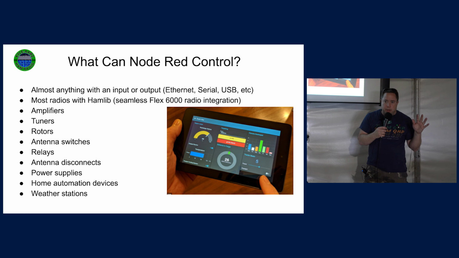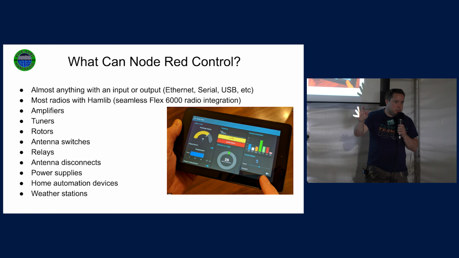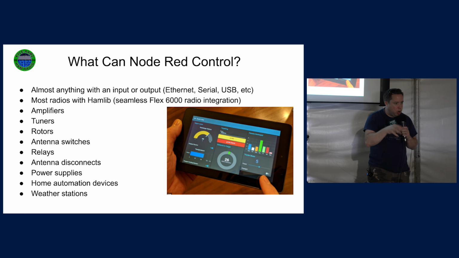Most radios can be adapted to connect to Hamlib, and then it connects to your radio. Pretty much the Flex and the Elecraft have seamless integration. There is a guy who has made some Flex-specific nodes that connect directly to your Flex automatically.